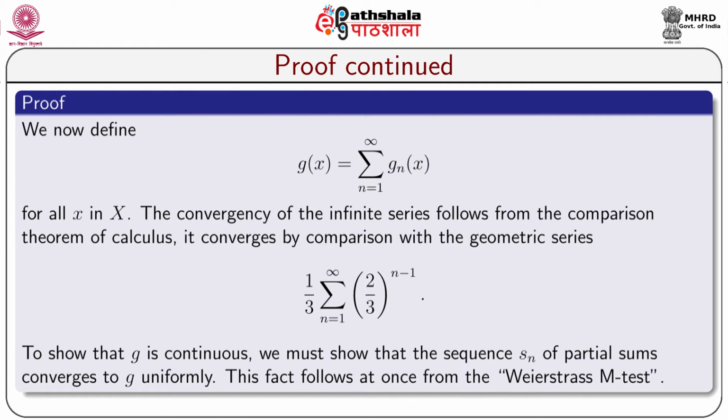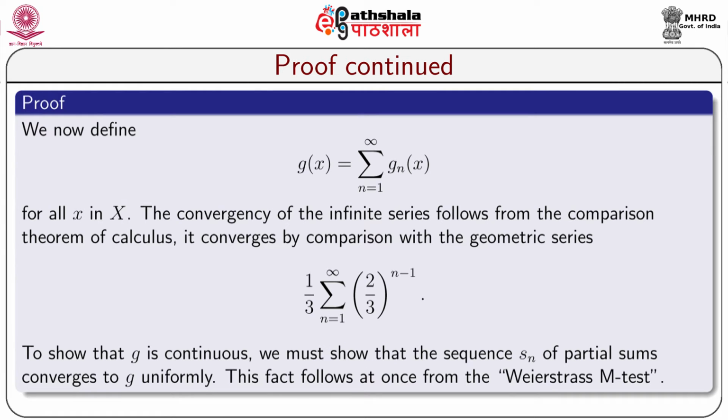Next, we define g(x) as the sum of gn(x) for all x in X. Now, to be well defined, we have to show that this sum converges, but this follows from the comparison theorem of calculus, because we know that the geometric series one-third summation (2/3) to the power n minus 1, n equal to 1 to infinity, converges.